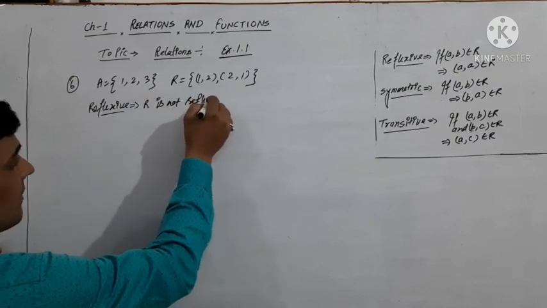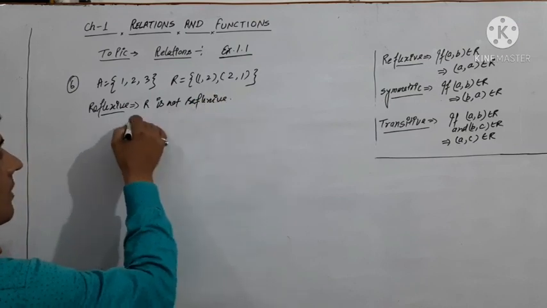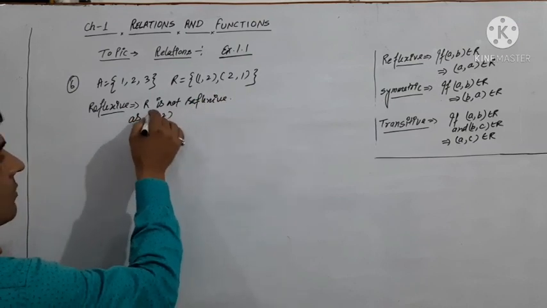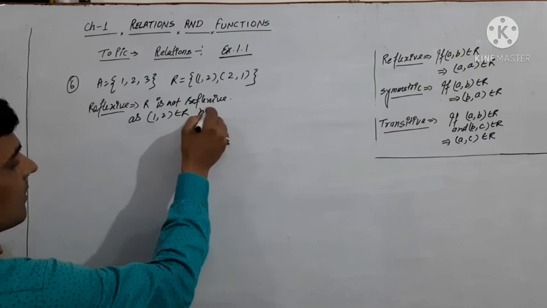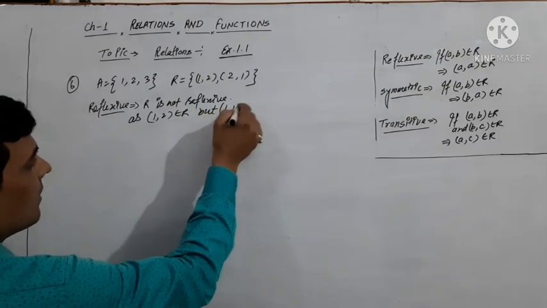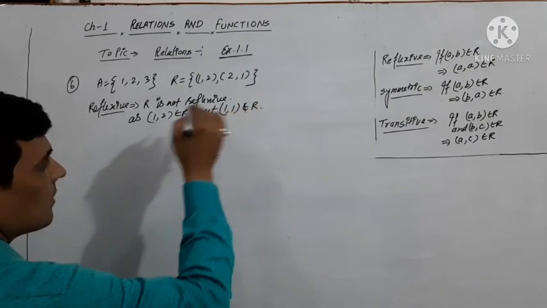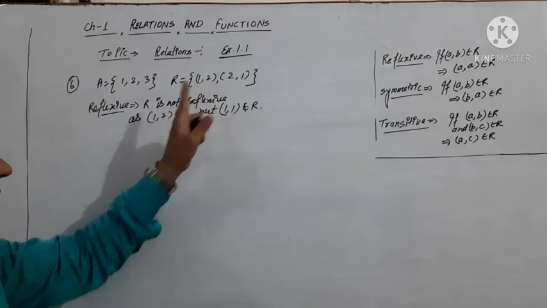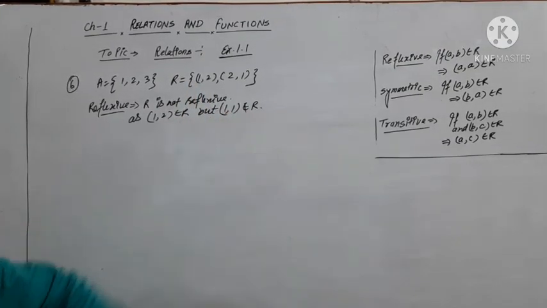Why is it not reflexive? Because (1, 2) belongs to R, but (1, 1) does not belong to R. Is it clear?